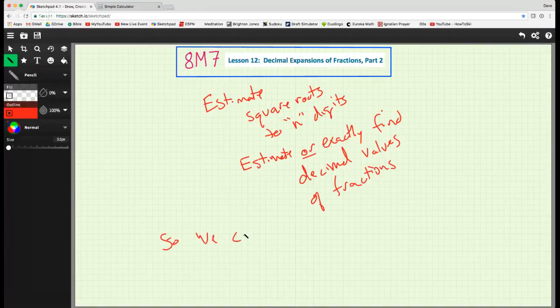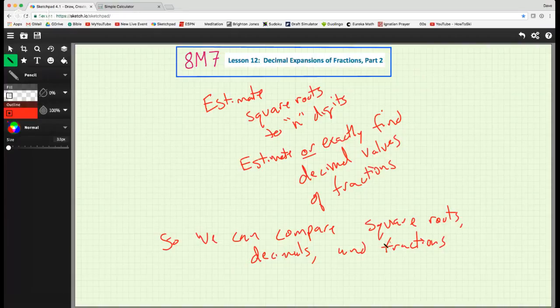So we can compare square roots, decimals, and fractions by converting all to decimals. And we know how to see which decimals are bigger than other decimals. So that's where we're going.